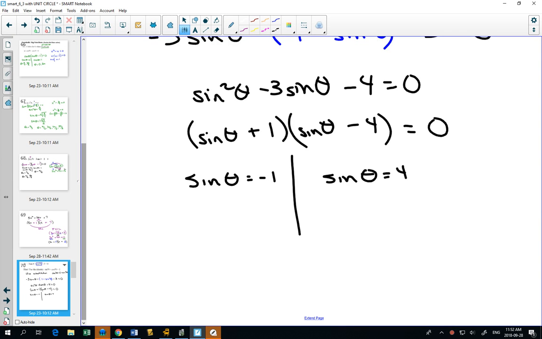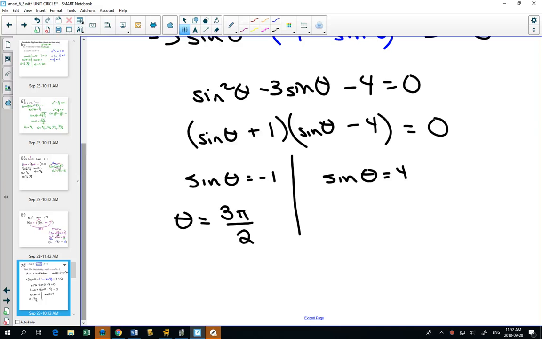Sine theta is equal to 4. Is negative 1 on our unit circle? Yes. When? Y coordinate negative 1. So negative 1 will be at the bottom, 3 pi over 2.